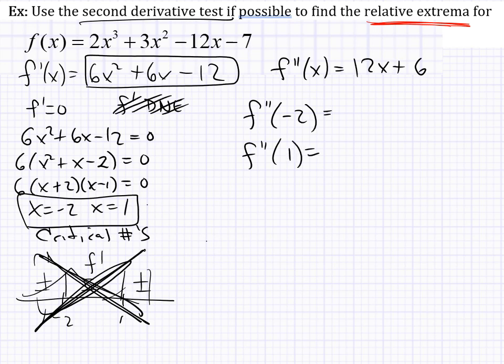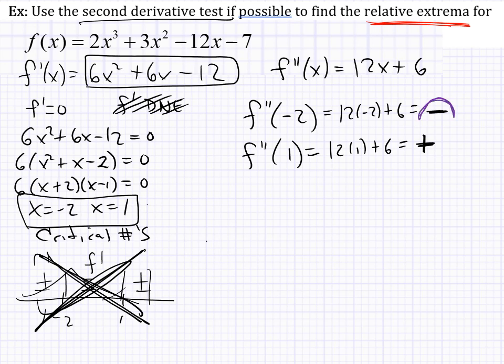If you plug negative 2 into the second derivative, notice you're going to get a negative value. If I plug 1 into the second derivative, I'm going to get a positive value. Since I have a negative value, if the second derivative is negative, I'm on a concave down picture.